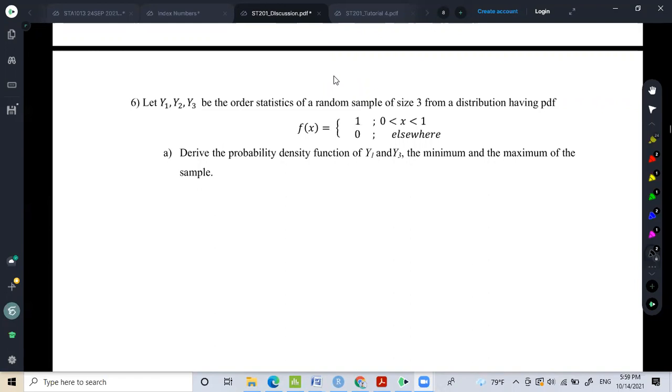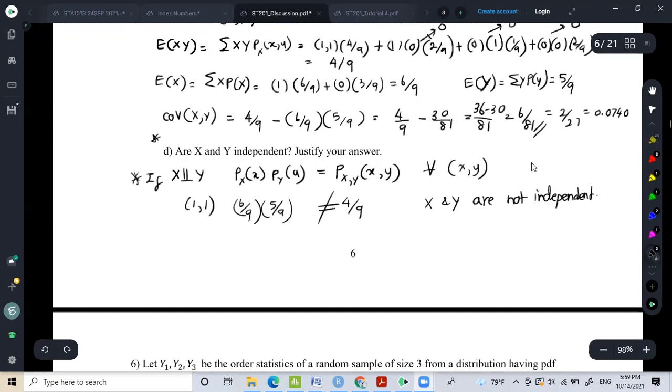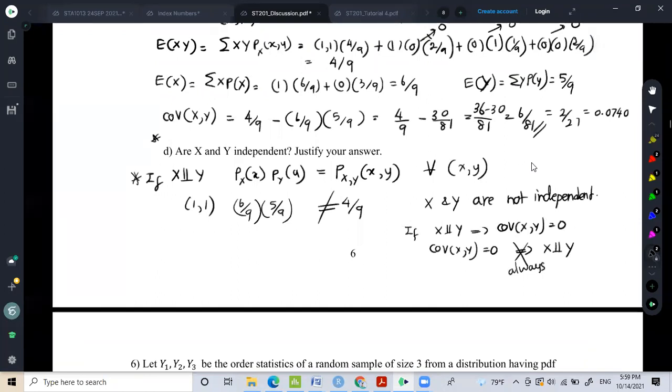Now let's go back to the previous example. I said that if X and Y are independent, the covariance will be 0. That is okay. But covariance equal to 0 means X and Y are independent, this is not always true. But there is one situation where it is true: when X and Y are normal distributions. This direction will be true only if X and Y are normal.